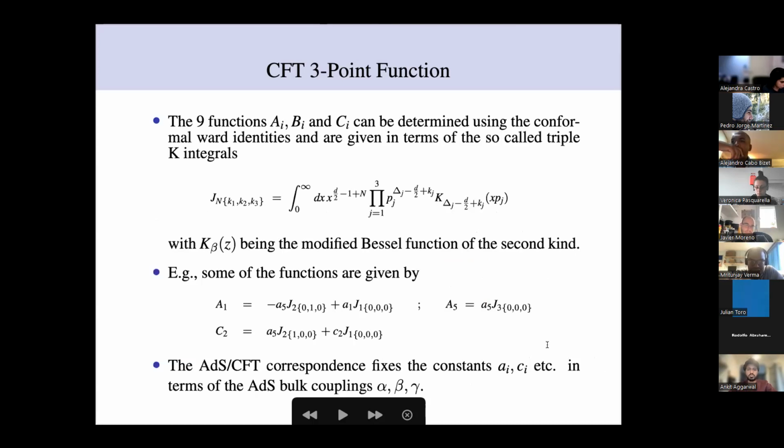These functions which appear in this parametrization, A_i, B_i, C_i, are determined using the conformal Ward identities, and they are given in terms of the so-called triple-K integral, which is nothing but the product of three modified Bessel functions. For example, some of the functions are given in terms of these triple-K integrals like this, and they involve some constants, say A_1, A_5, C_2, etc. Using the AdS/CFT correspondence, these constants can be fixed in terms of the AdS bulk couplings alpha, beta, gamma.